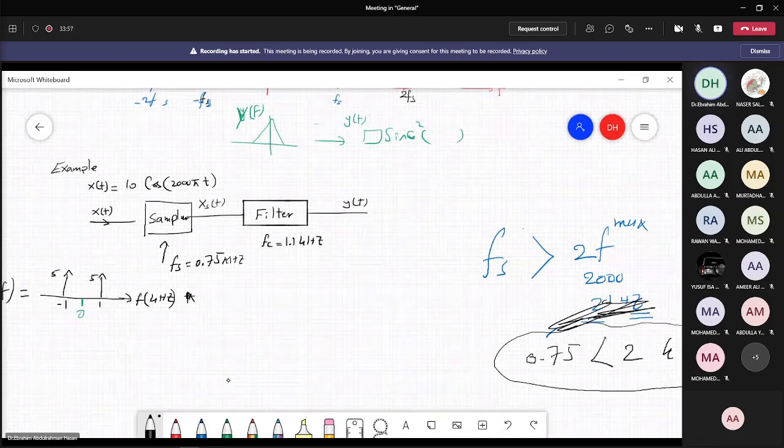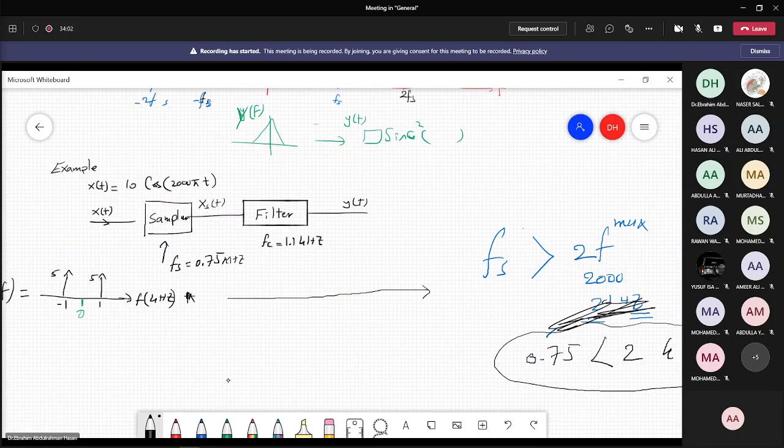So now f of s equal to 0.75. So this is my f in kilohertz. So then we have at 0, then at 0.75, 1.5, 2.25. Similarly here at 0.75, minus 1.5, and so on.